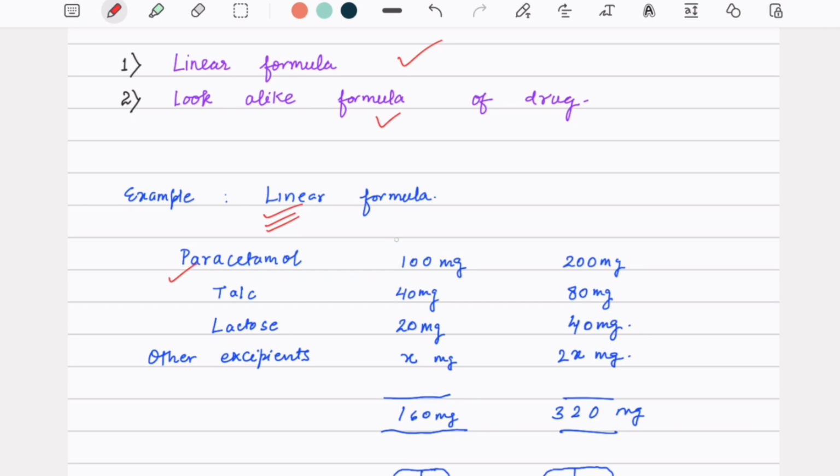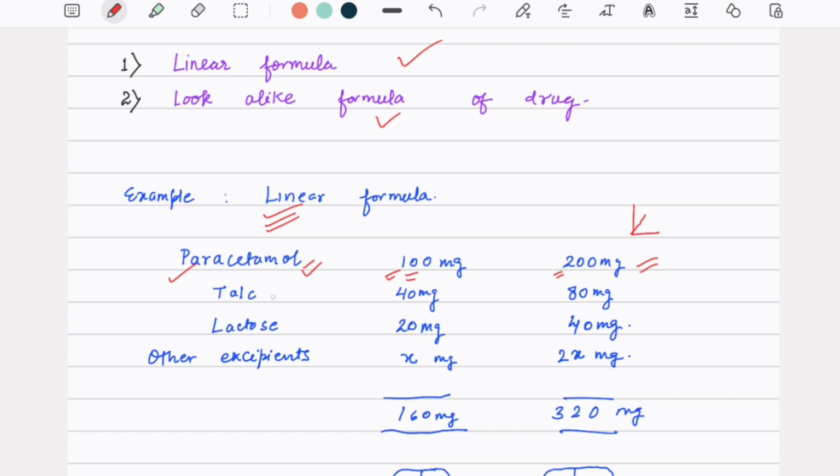Now we have two strengths of this paracetamol drug, one is 100 mg and the second is 200 mg. Here we observe that in the first strength we have 100 mg of API, that is paracetamol, and in the second strength, that is 200 mg, we have just double of this 100 mg. That means our API is increasing linearly. That's why this type of formulation is called a linear formula.